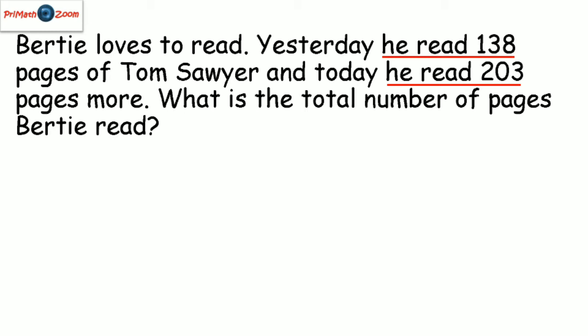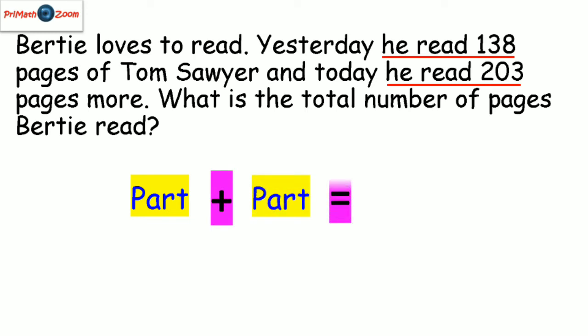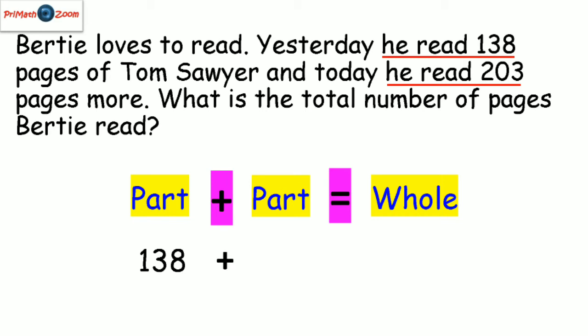All right, so our number sentence will look like this. Part plus part equals whole. So let us identify the first part. So the first part is where he read 138 pages yesterday. So 138 represents part. We're going to add that to the other part where he read 203 pages more today.